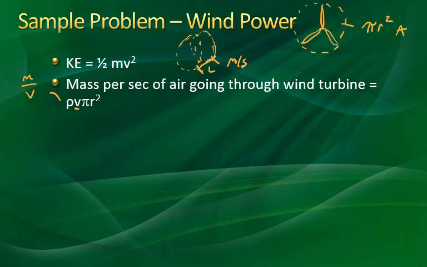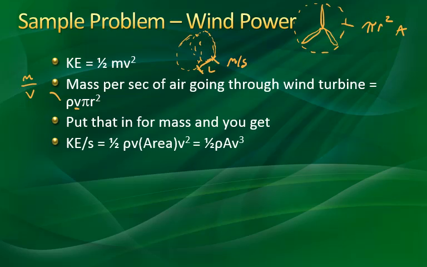So the density of the air itself, and so we put this in for mass. This is mass per second of air going through. In other words, we have pi r squared, which is the area, the density, the mass per volume, and then velocity, meters per second.